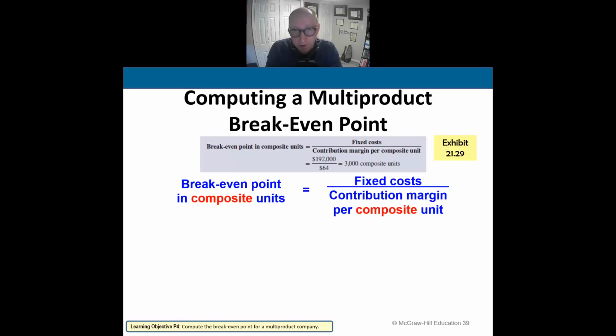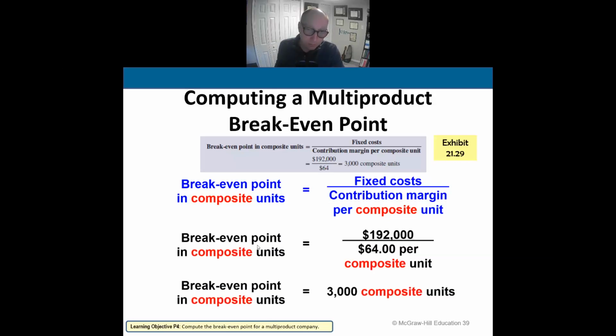So we've got fixed cost divided by contribution margin per composite unit to get the number of haircuts I need to make to break even. Remember, a composite is a composition of all of the different products that we offer.